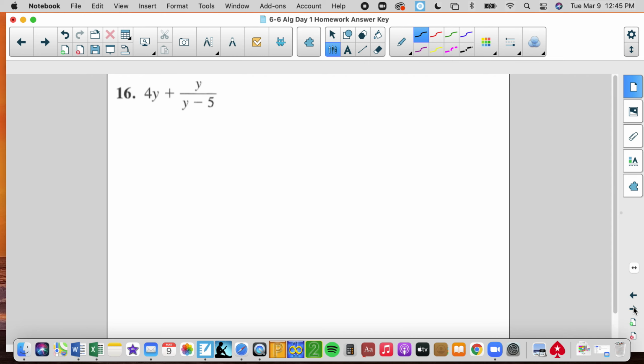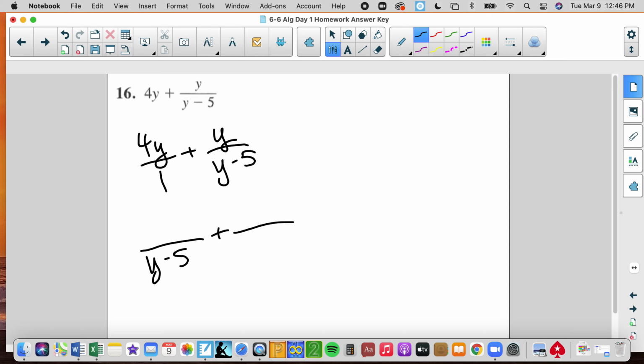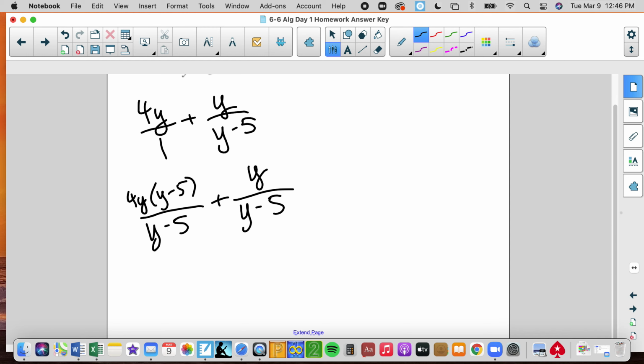Will this one provide us with an opportunity to factor after the fact? So y minus 5 is going to be my common denominator. That's going to be 4y times the quantity y minus 5. That's going to be y. 4y, sorry.